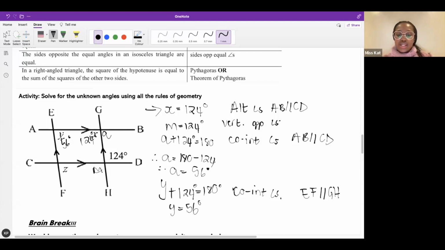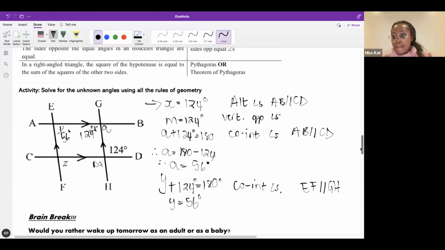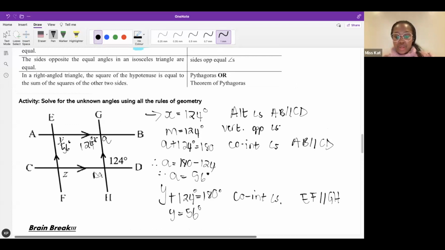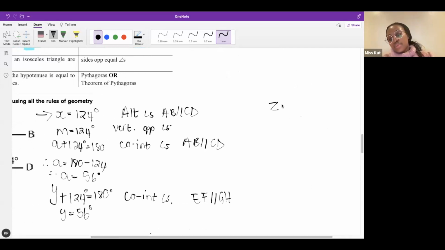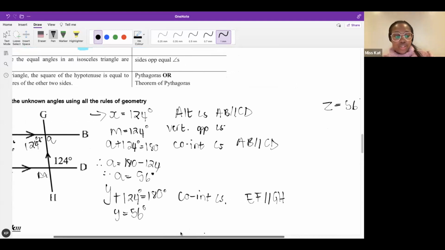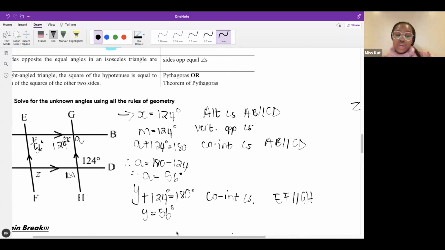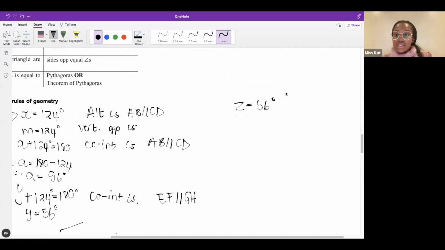So then Z is? How much is Z, guys? Z is also 56 degrees. Let's see my reason. Okay, someone said co-interior angles. Someone said corresponding angles. There's a lot going on there. Could be corresponding angles.